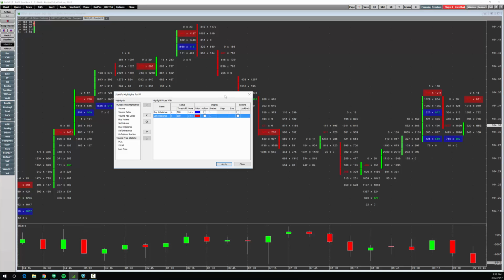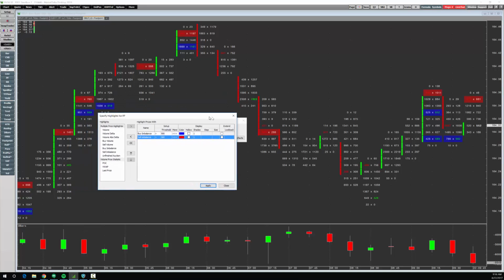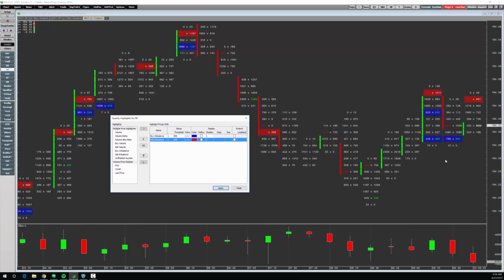And I think most of you will probably want to view it as these zones, not just highlight it. So to draw it, just do the extend, and then the look back is how many bars it looks back. So I have it set to look back 1,000 bars, which is how far these lines will essentially draw going back in time.